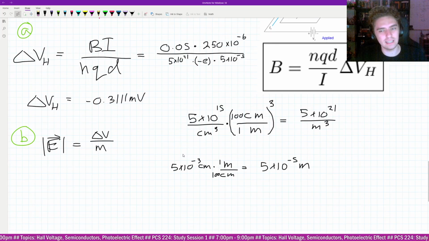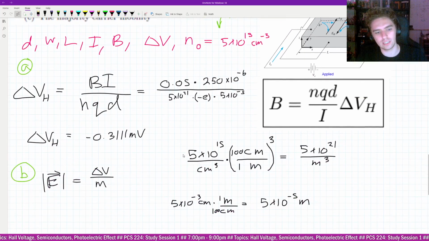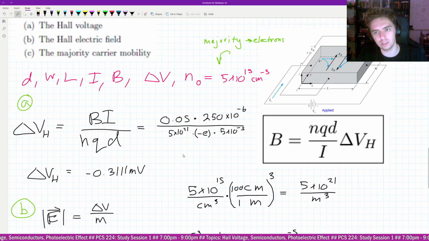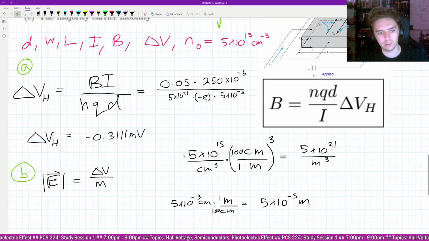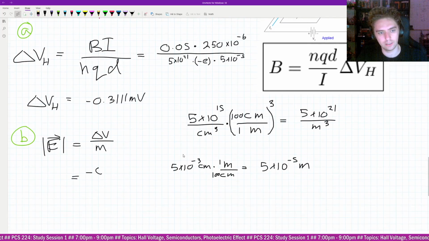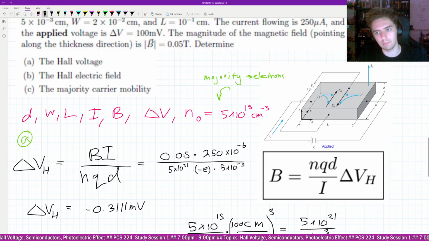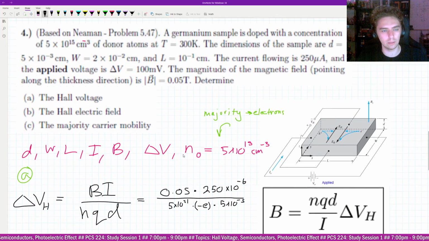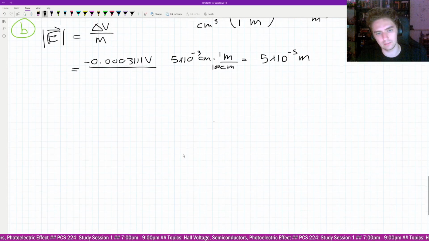Okay, to find the Hall electric field, we just take the voltage across these two nodes, which is the Hall voltage. So that's going to be negative 0.0003111 volts, and I'll just do it in actual volts, per meter. How many meters is that? That's W. W is 2 times 10 to the negative 2 centimeters.